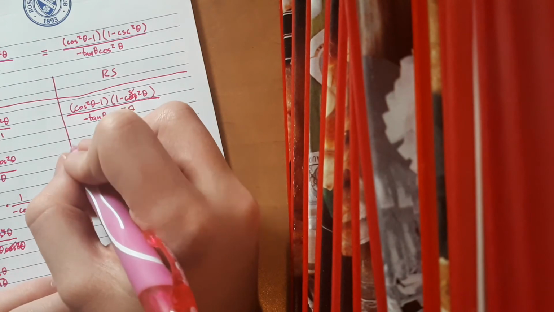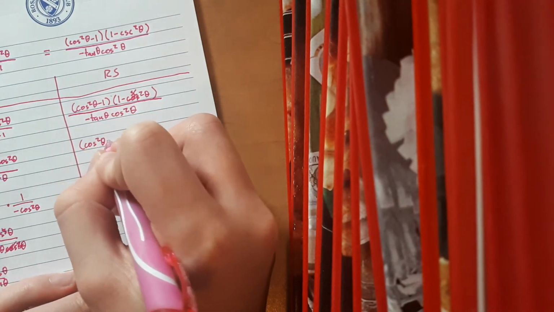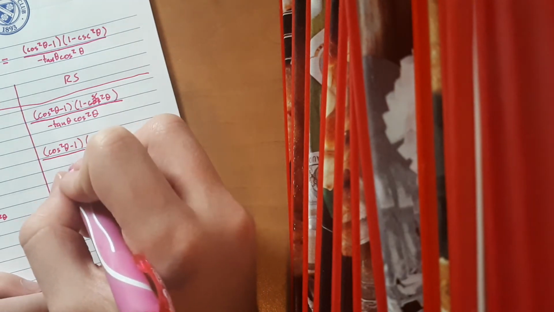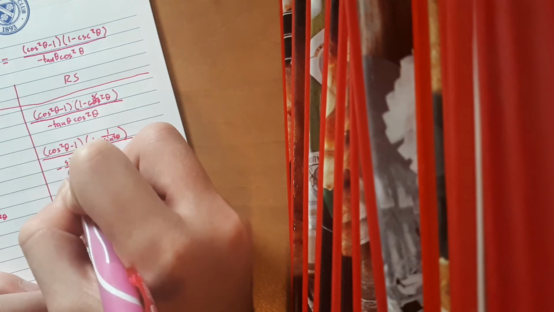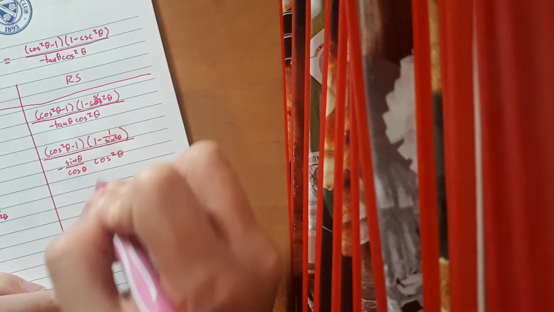So this bit stays the same. Cos squared theta minus 1. This turns into 1 minus 1 over sine squared theta, over negative sine theta over cos theta times cos squared theta.